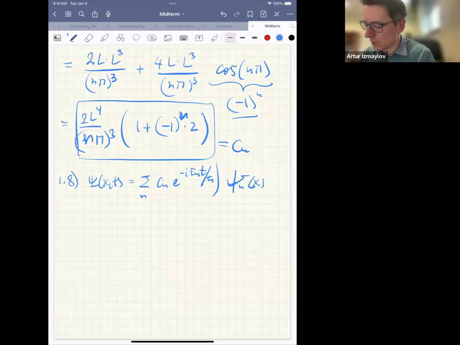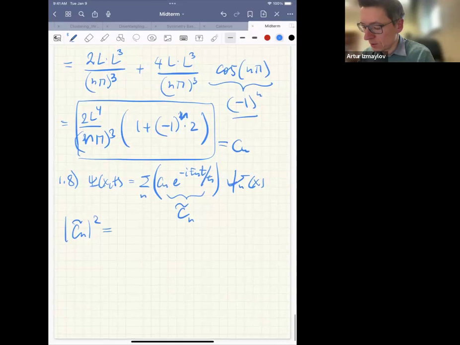So these are the coefficients that we need to square to get the probabilities at a later time, and they are the same as the Cn squares, so constant in time.